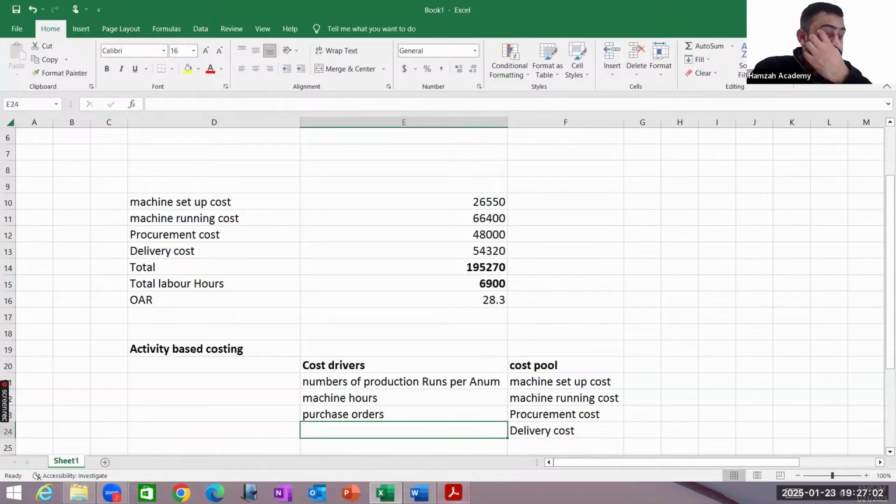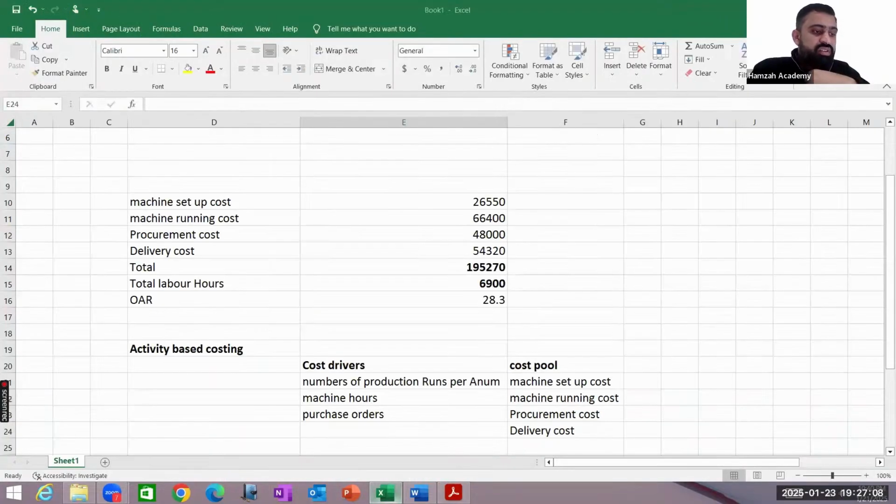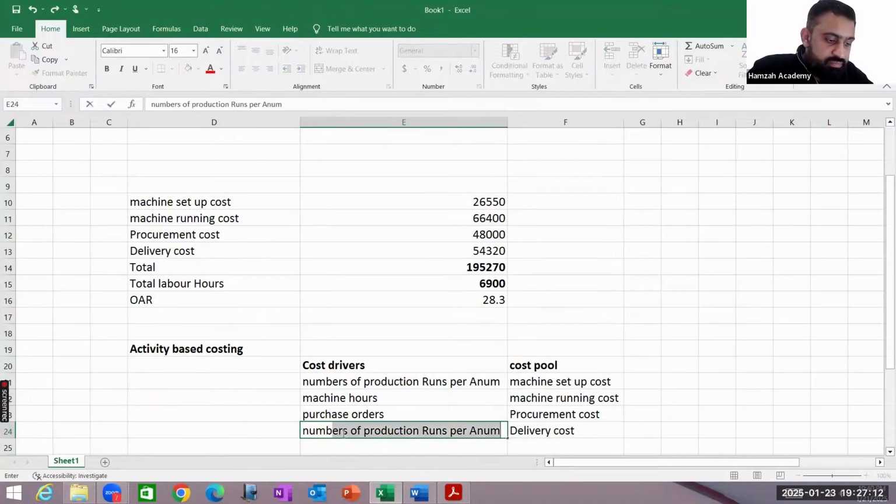And for delivery, the number of deliveries would be the appropriate cost driver.